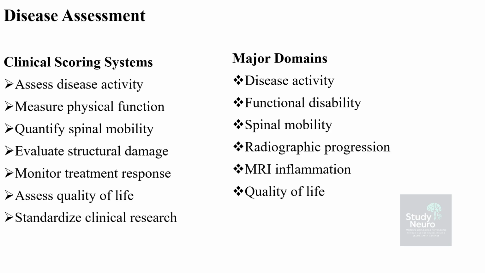Disease activity reflects current inflammation, while functional scores measure disability and the effect on daily activities. Spinal mobility is assessed separately, and imaging tools evaluate structural progression or active inflammation on magnetic resonance imaging. Quality of life is also important. These measures provide a standardized way to follow individual patients and allow meaningful comparisons in clinical research.